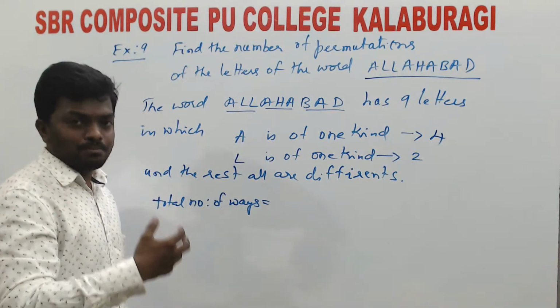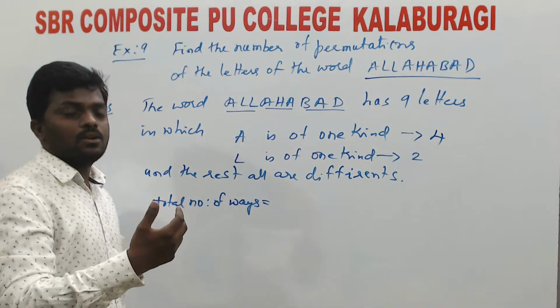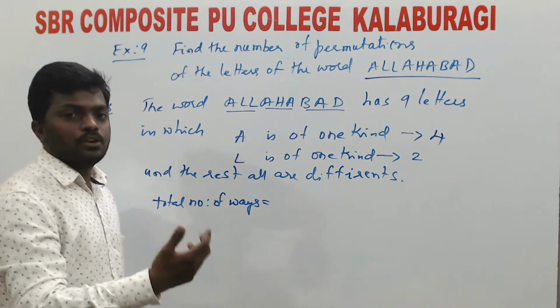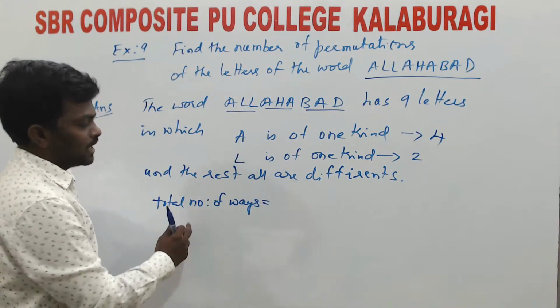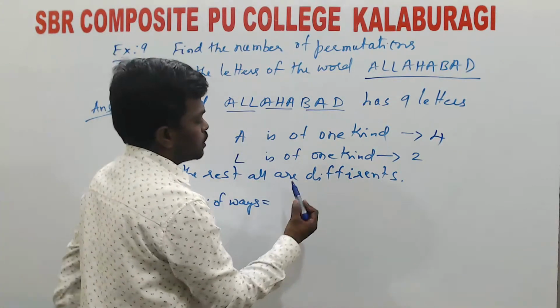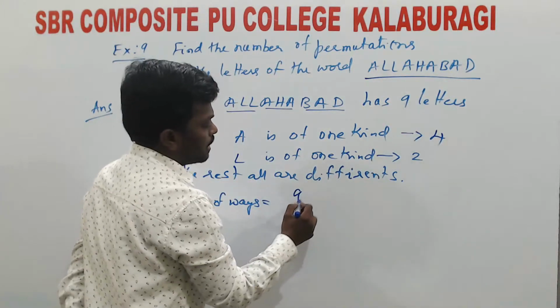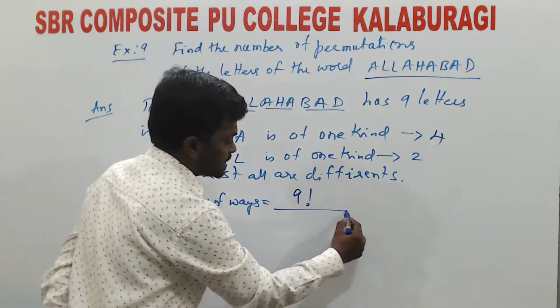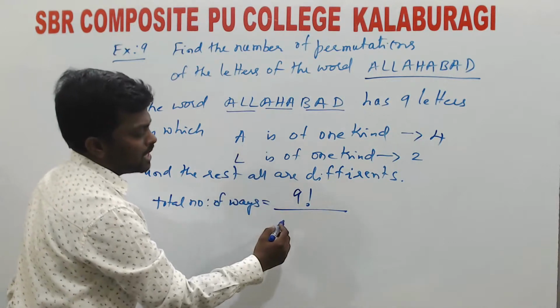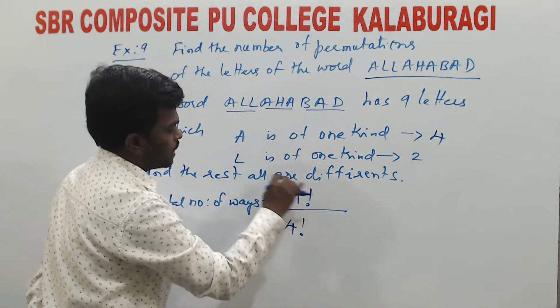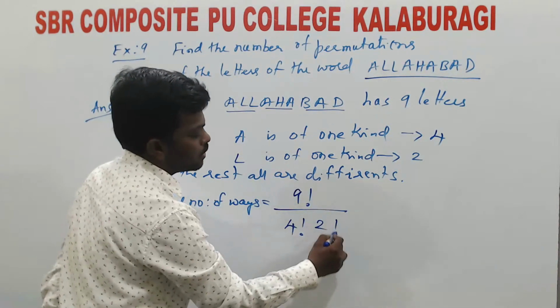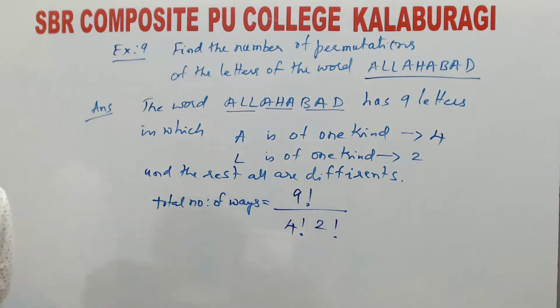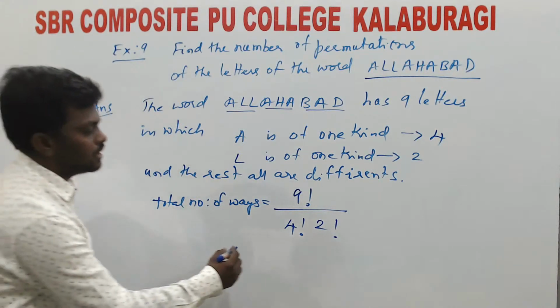Okay, n factorial by p factorial, or you can use n factorial by p1 factorial, p2 factorial, and so on up to pk factorial. So total number of ways: 9 factorial, but since A is appearing 4 times, 4 factorial, and L is appearing twice, 2 factorial. Okay, students.